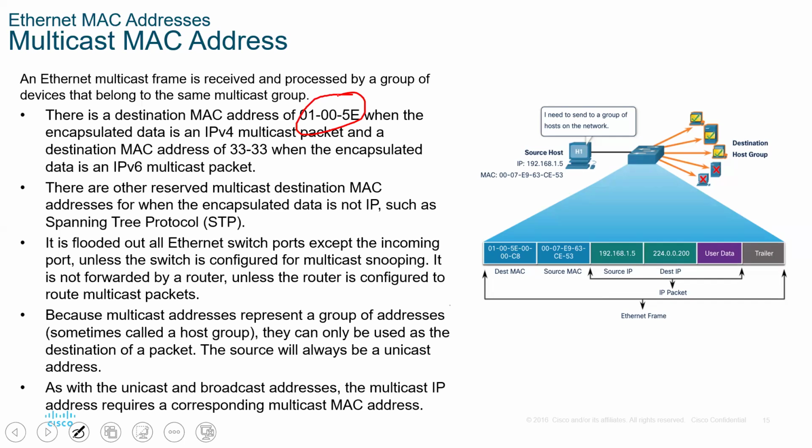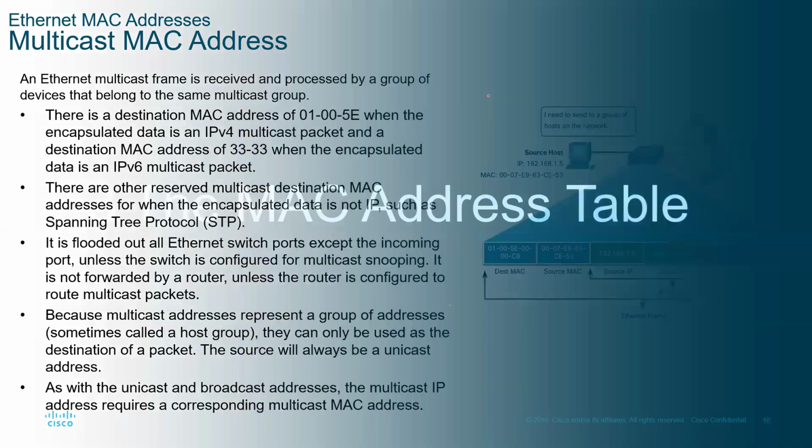But for now, this is what we are using. Okay, so it is flooded out all Ethernet ports except the incoming port, unless the switch is configured for multicast snooping. This will not be forwarded by the router unless the router is configured to send multicast traffic.